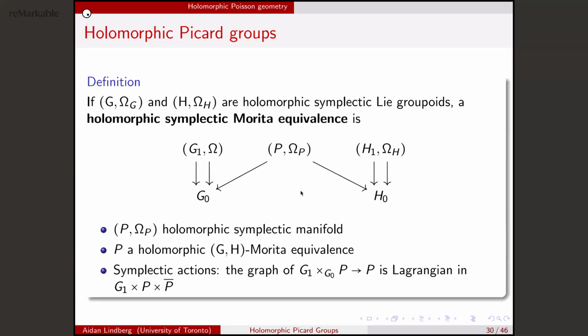And I need to account for the symplectic structures too. The left and right actions both need to be symplectic, which is this technical condition here. Okay, so these are the kinds of Morita equivalences we're going to be looking at now.